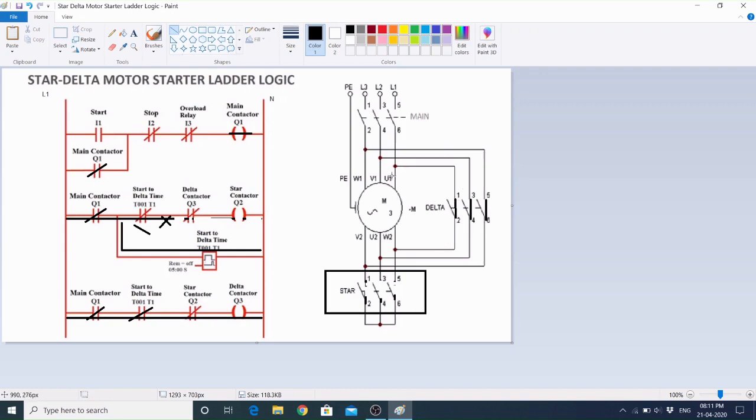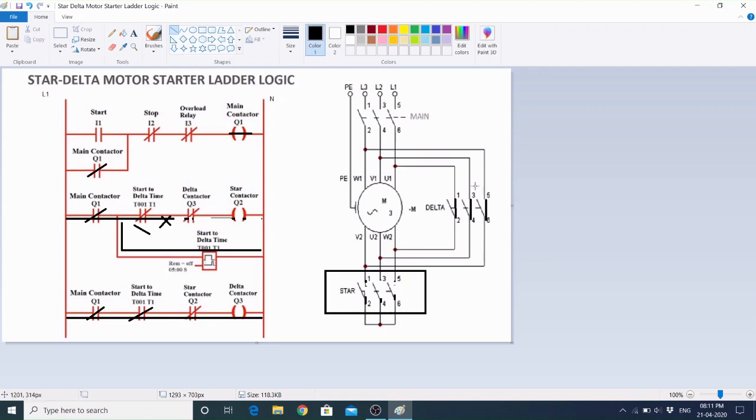Now you can see that the U1, V1 and W1 is the sequence at this end, but here the sequence is W2, U2 and V2. Okay, the phase wires interchange.